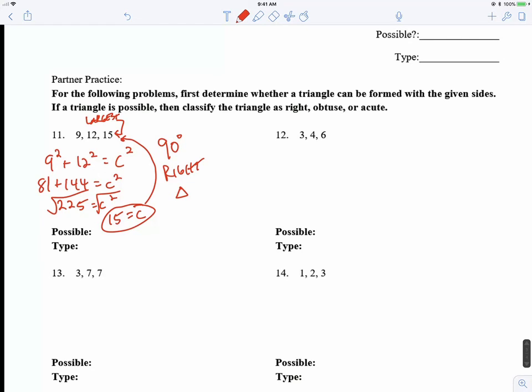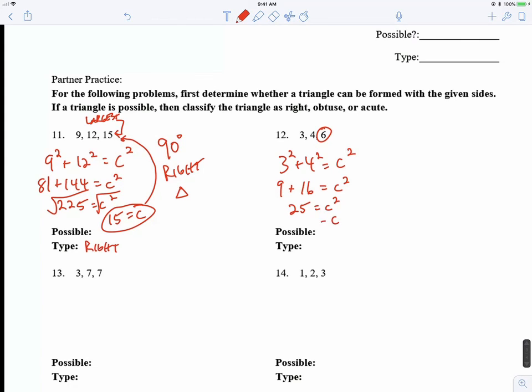Let's look at 3, 4, and 6. I'm not talking about how it's possible or not; we've already covered that, and I'll tell you that in class. Again, here's my largest side. So I go 3 squared plus 4 squared equals c squared. I get 9 plus 16 equals c squared, so 25 equals c squared.